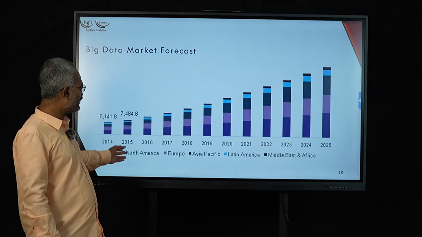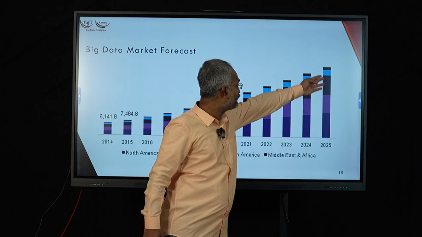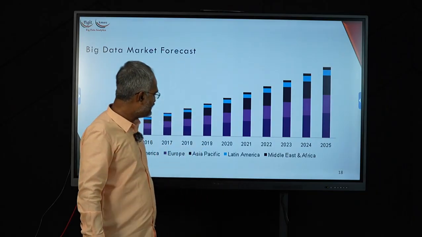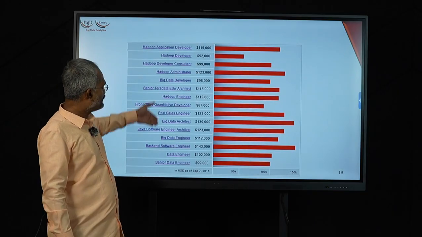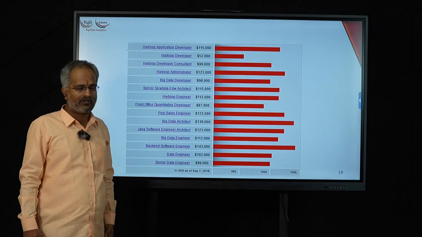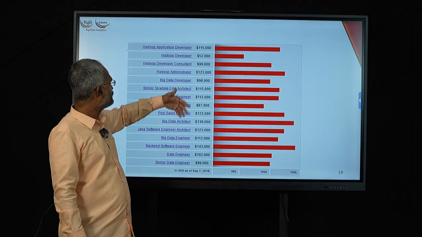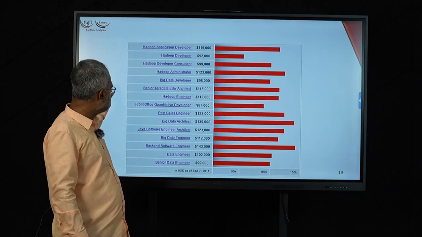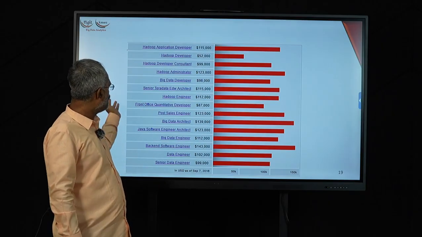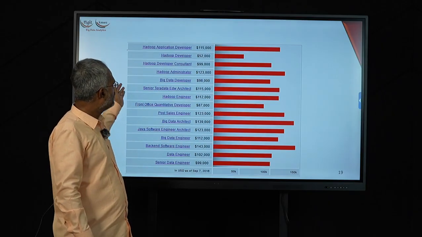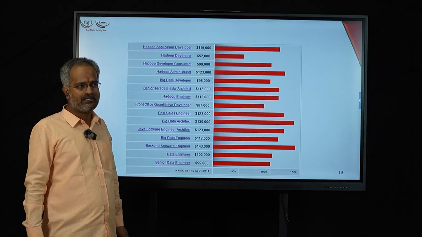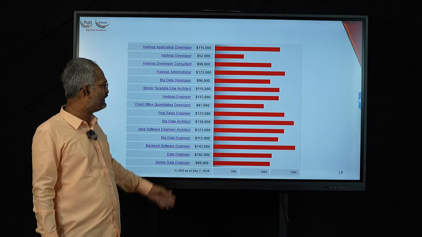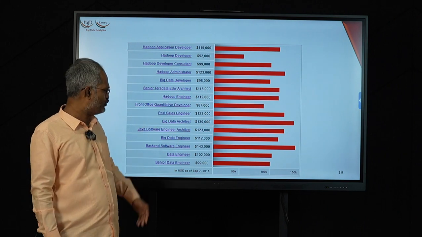The big data forecast for 2025 is very high if you see that, and we can go for various positions on top of Hadoop, that is Hadoop application developer, Hadoop developer, big data architect, Hadoop architect, big data developer. All these are various positions in various organizations on Hadoop.